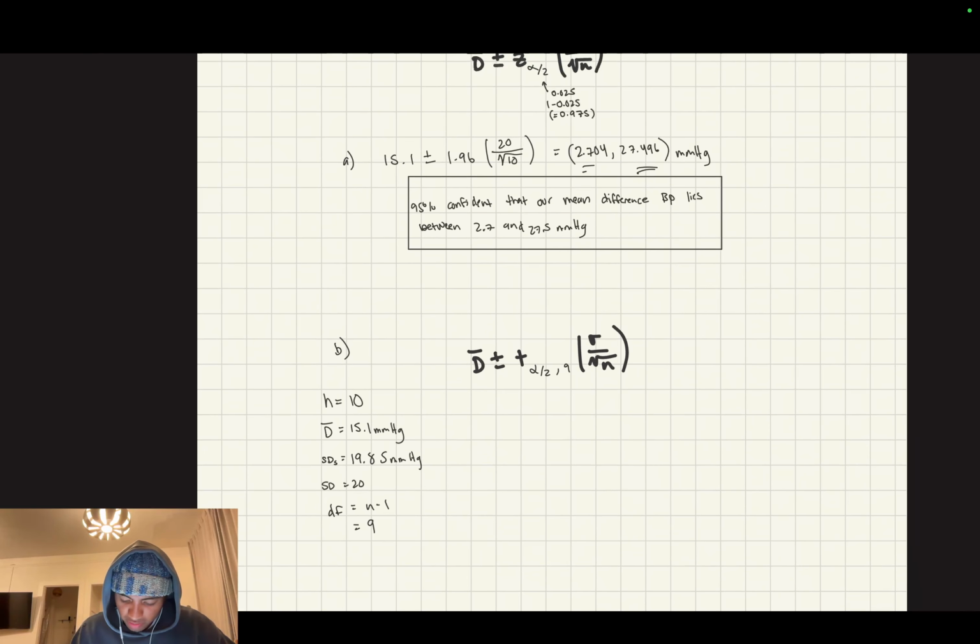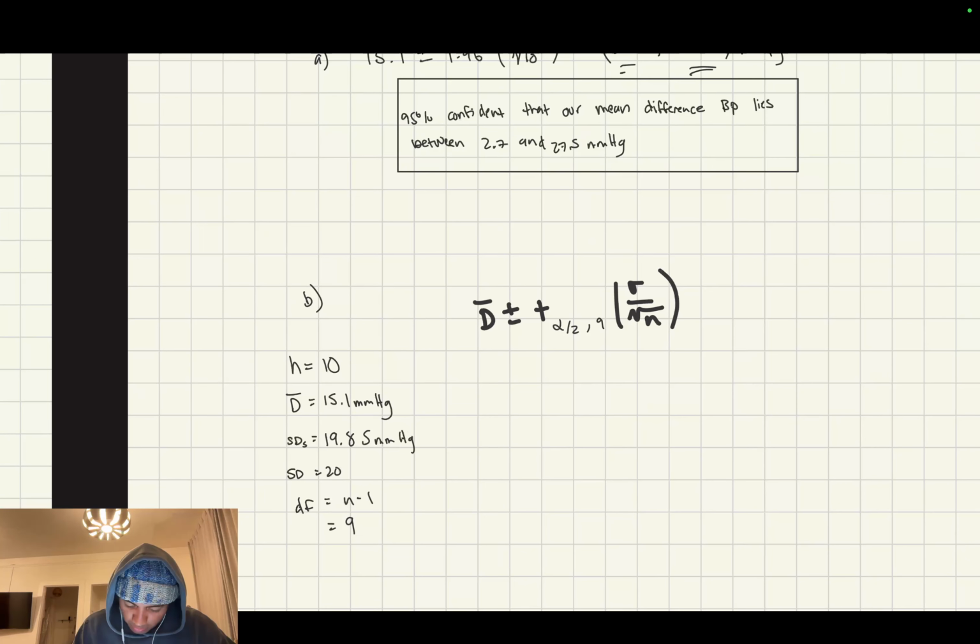It looks like we've got everything we need, so let's work through this. Our mean difference d, which we got from part 1, is 15.1, plus or minus our T distribution at alpha divided by 2, at a 95% confidence interval.